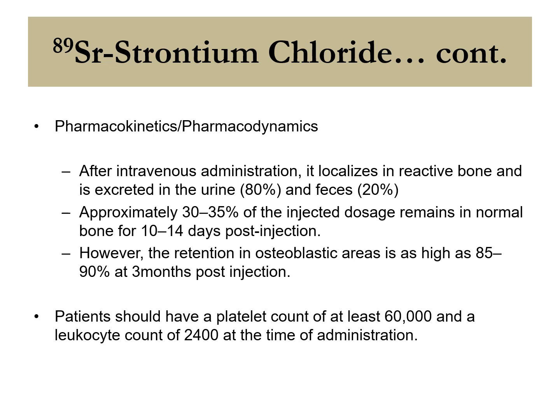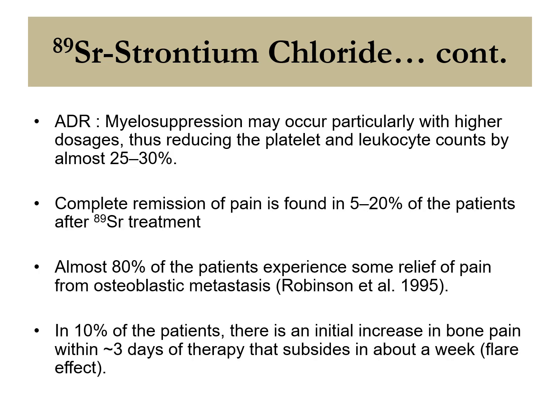Patients should have a platelet count of at least 60,000 and a leukocyte count of 2,400 at the time of administration. In terms of ADR, myelosuppression may occur, particularly with higher dosages, reducing the platelet and leukocyte count by about 25 to 30%.